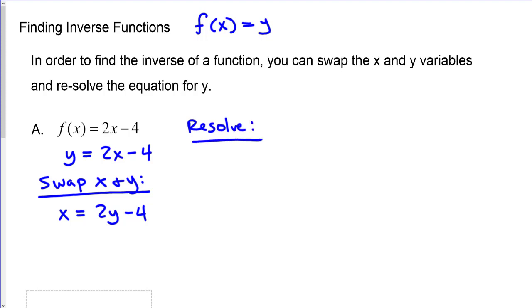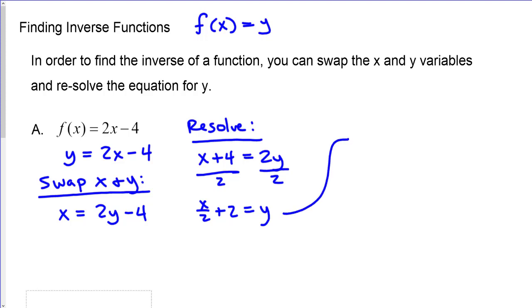I'm going to add 4 to both sides. So x plus 4 equals 2y. Then I'll divide both sides by 2. So x over 2 plus 2 equals y. This is now my inverse function, but I just need to express it as f inverse of x equals x over 2 plus 2.